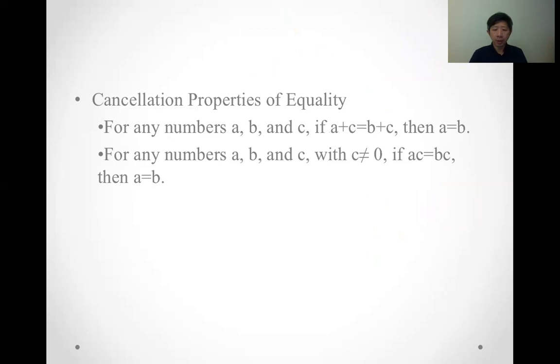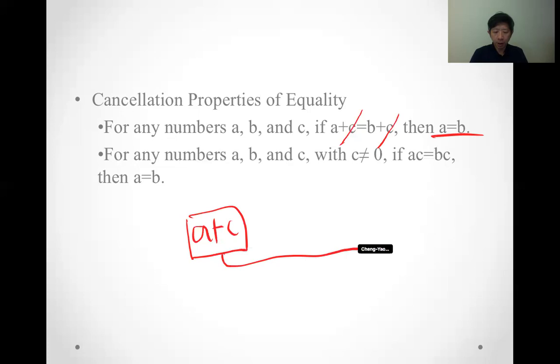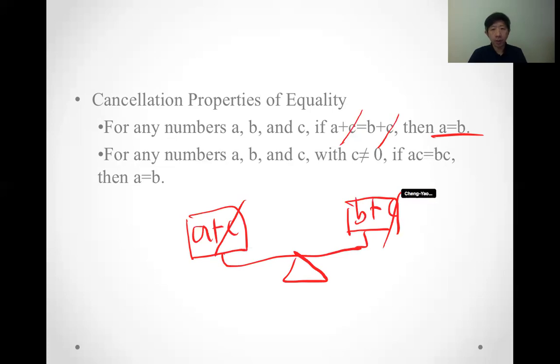Here we cancel C, so therefore I still get A equals B, right? Let's say A plus C on the scale are equal to B plus C, because they are equal on the scale. Now I want to cancel C, and I still get A equals B, right?